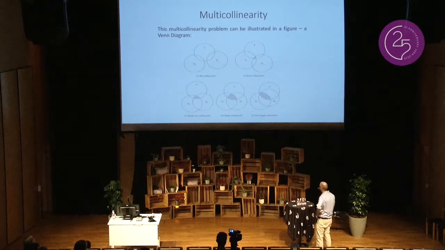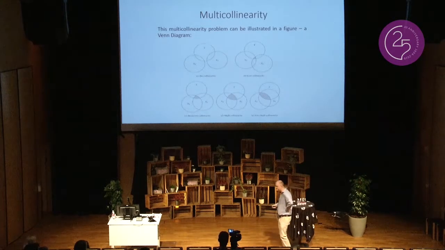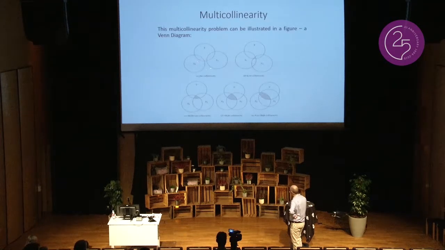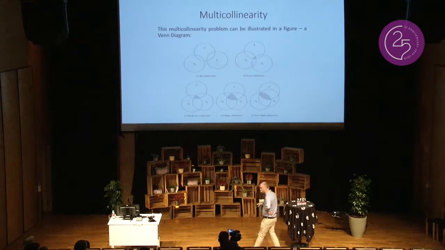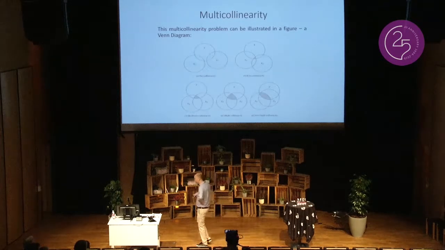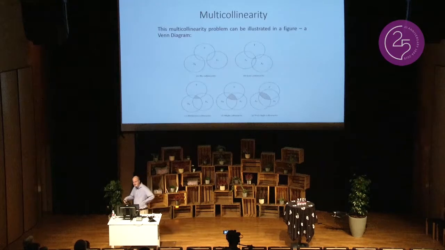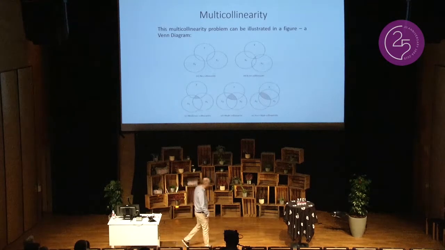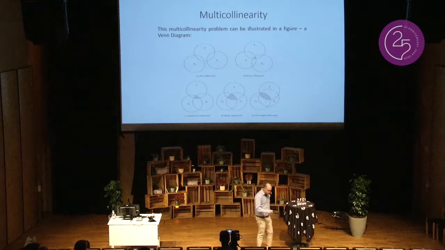This part here is the part of energy usage that the size of the house explains. But there's no correlation, there's no intersection between X2 and X3. So we have no collinearity. This is a good situation. It's easy to separate the effect from income and the size of the house in this situation.